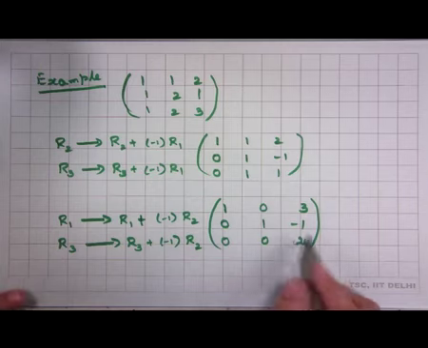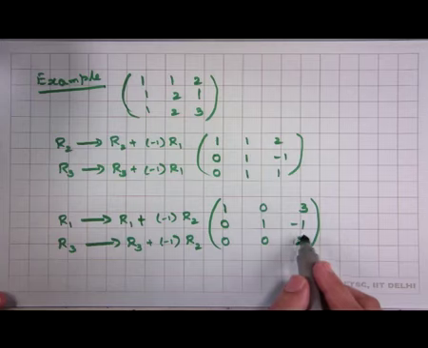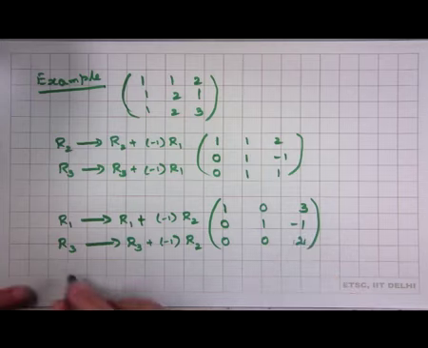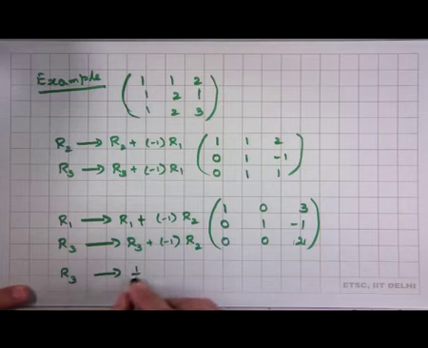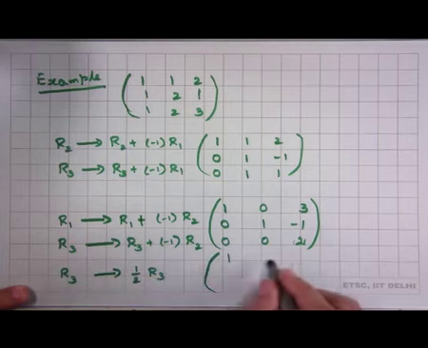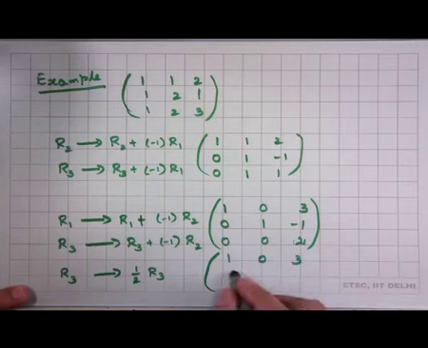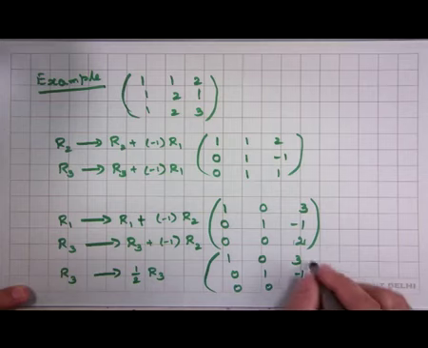This is the only non-zero coefficient, and I should make this into 1. So, replace R3 by 1 by 2 times R3. I have the other things: 1 0 3, 0 1 minus 1, 0 0 1.